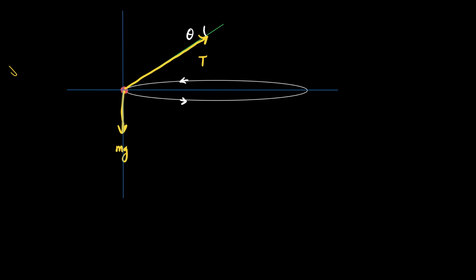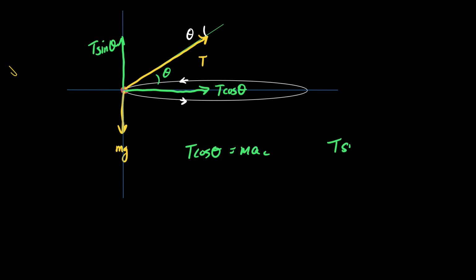Now, because of that, I'm going to have to break the tension up into two components. So I see a component this way, which I will call T cosine theta, and I see a component this way that I will call T sine theta, because theta will be right there due to alternate interior angles. Still good? I'm not going to skip steps, but I think we can probably all come to this conclusion that T cosine theta equals m a_c, and T sine theta equals mg.